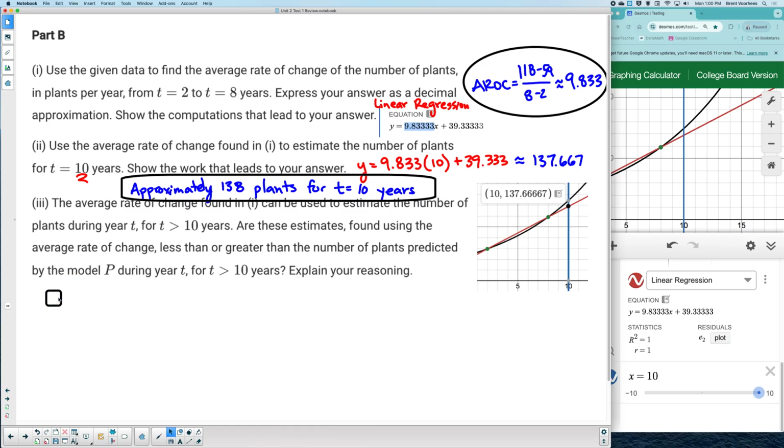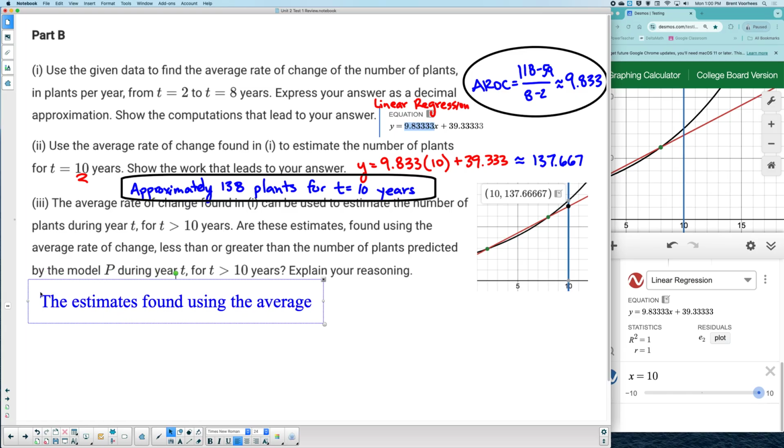Sorry, let me delete this, delete that. Okay, here we go. The estimates found using the average rate of change. I'm just copying this right here. Did you say it's less than or greater than the exponential model?